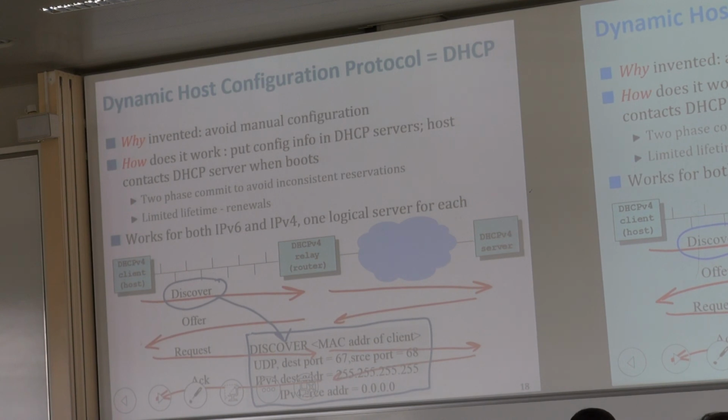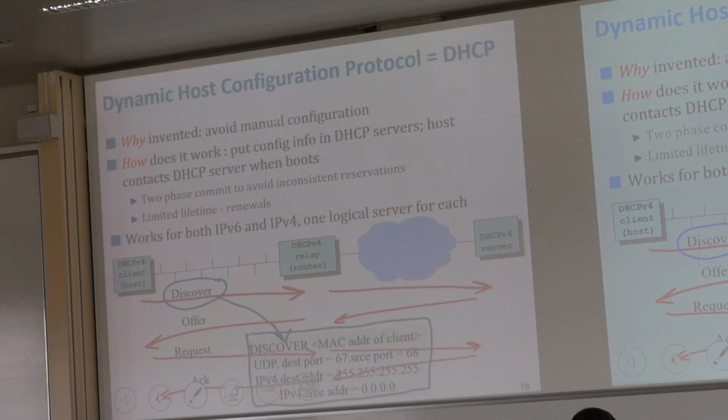So if I analyze those responses, what will be the IP destination address? That of the router. In fact, it's the address of a host, which is the DHCP relay that is sitting inside the router.